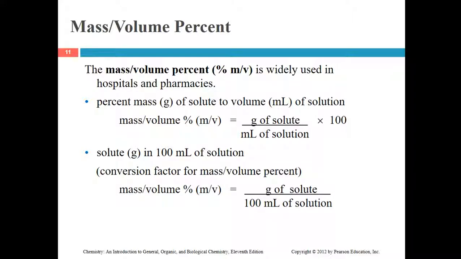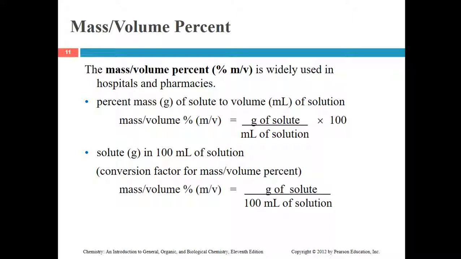Now, here's another one, mass over volume percent. This one is actually more widely used in hospitals and pharmacies, that you probably will run into in your schooling and in your career. Since most people taking this class are going to do something in the health fields of some sort.